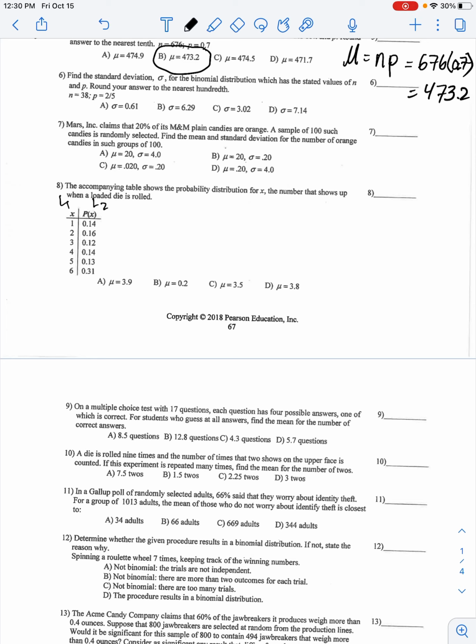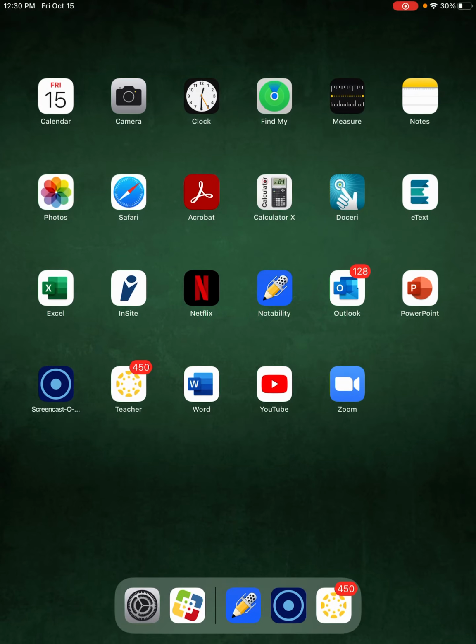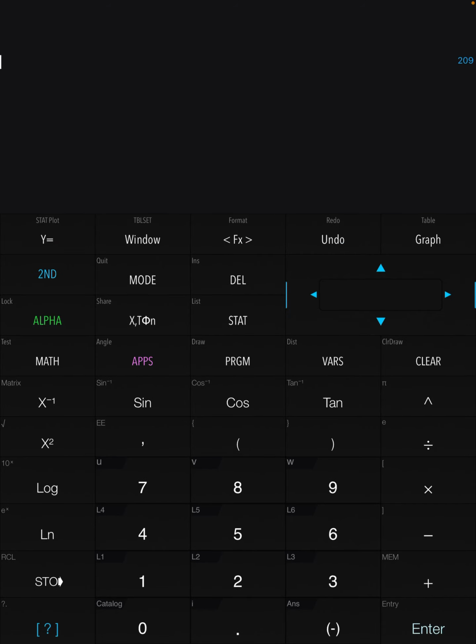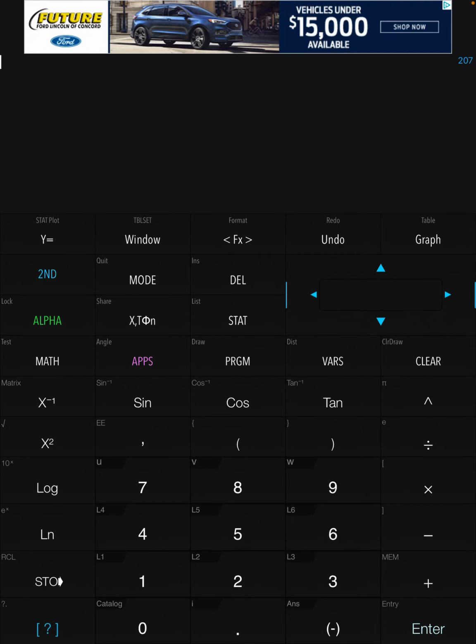Once you do that, let me show you on my calculator. The calculator I have here is not a TI calculator, but very similar.